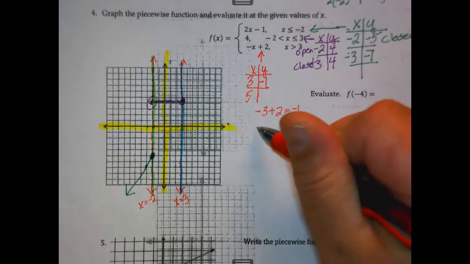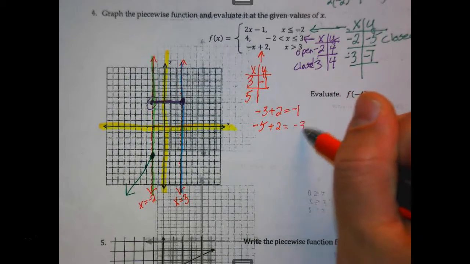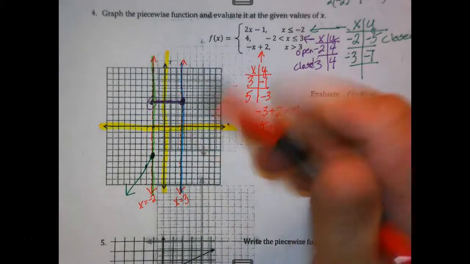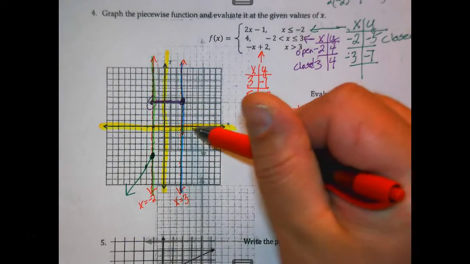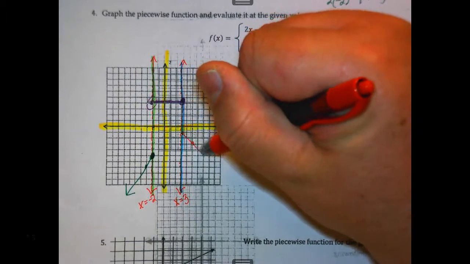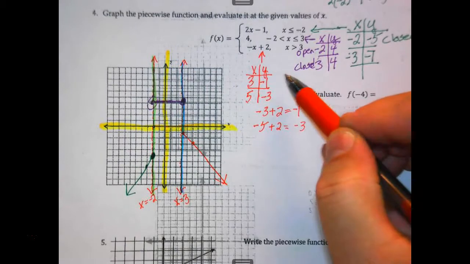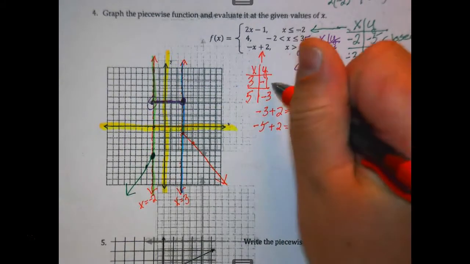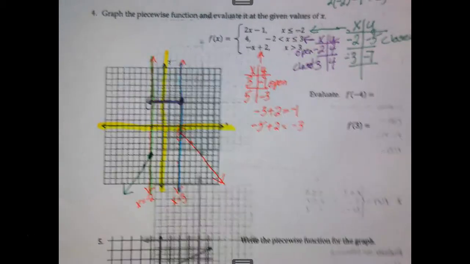I heard 5. Negative 5 plus 2 gives me negative 3. So 3, negative 1, and 5, negative 3. Okay, open or closed circle at x equals 3? Open. Okay, my graph is done.